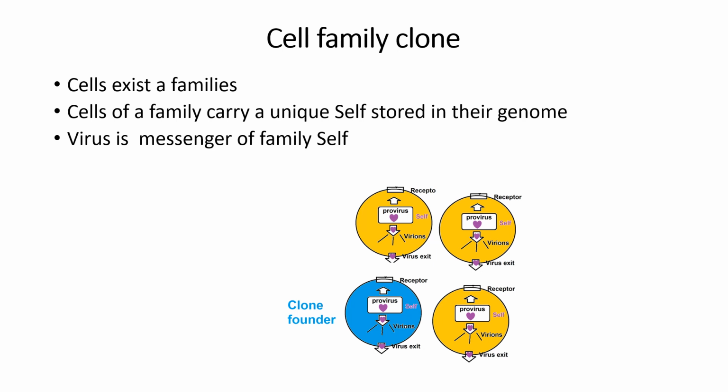And the main problem of this family is to know who is one of them. And so cells of a family carry a unique self stored in their genome, and the virus is the messenger of the family self, and it infects only members of the family, and therefore the family knows who is one of them.